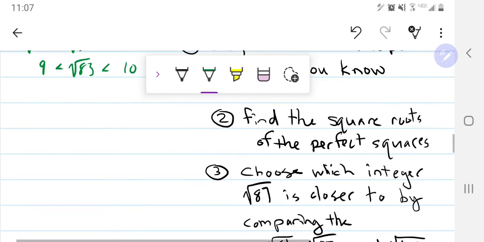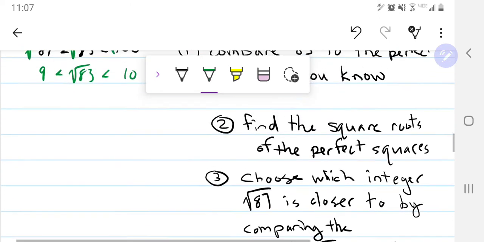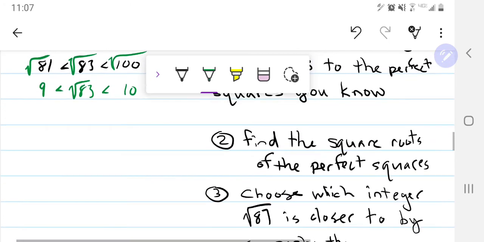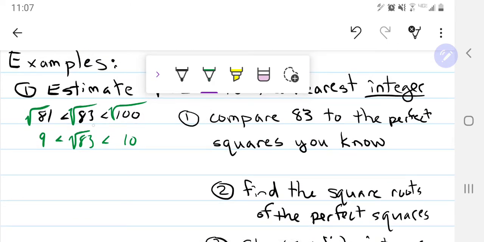All right, and then the last step is to choose which integer it would be closest to. Well, because 83 is much closer to 81, your answer is going to be closer to the square root of 81, which is 9. So in this problem, our final step is to say the square root of 83 is approximately equal to 9.